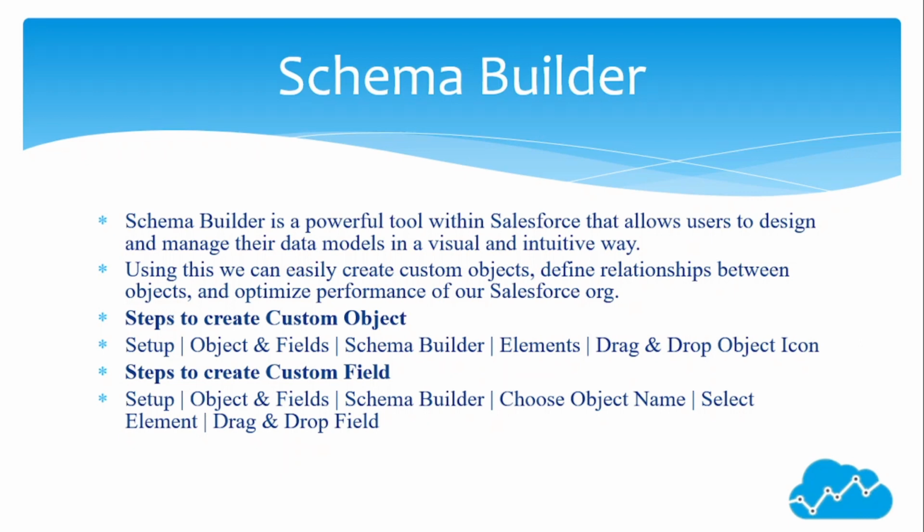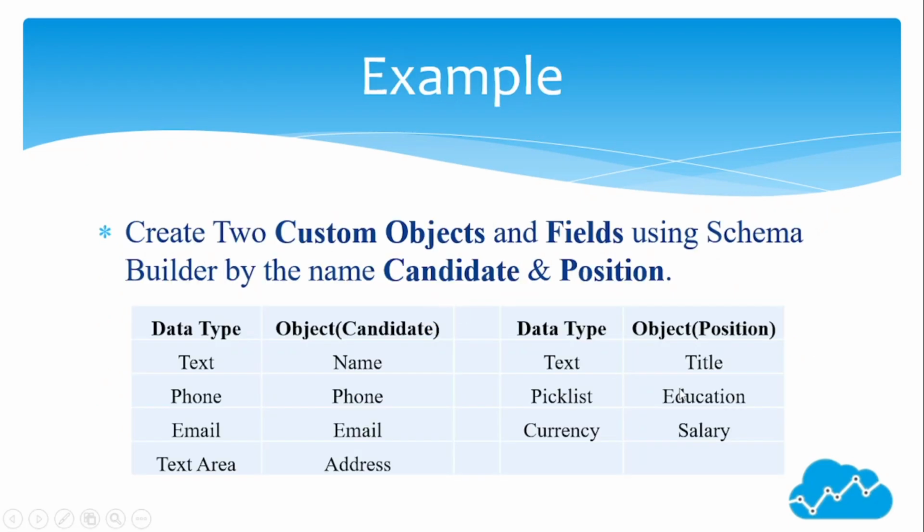Steps to create a custom field: Setup, Objects and Fields, Schema Builder, custom object name, select element, drag and drop the field. So let's see an example. Create two custom objects and fields using Schema Builder, named Candidate and Position.